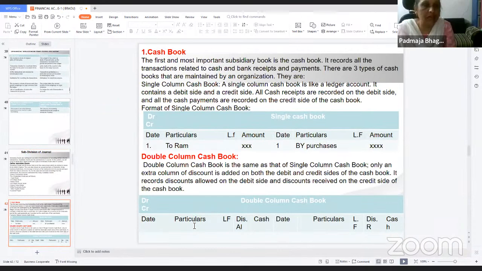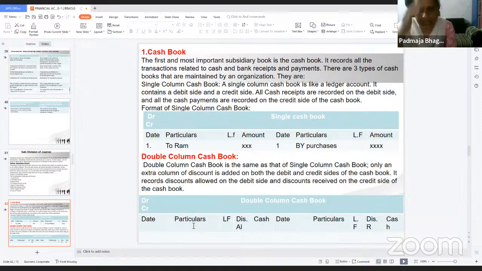Now, the first and most important subsidiary book is the cash book. It records all the transactions related to cash only. If you are purchasing goods in cash, all the transactions should be written in the cash book. If I am making any credit purchases, that will directly go to the purchase book, because that is a credit transaction.